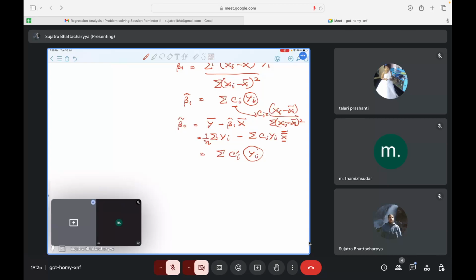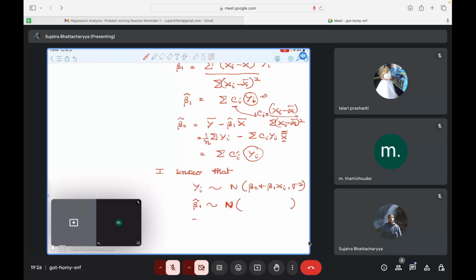Okay, so now I know that yi, its distribution is N of beta naught plus beta 1 xi, comma sigma square. We have seen this. Okay. What will be the distribution of beta 1 cap? See, yi is a normal distribution and beta 1 cap is a linear combination of yi. Okay, therefore, the distribution of beta 1 cap will be the same as the distribution of yi. Again, the same rule. But what will be the mean and standard deviation?